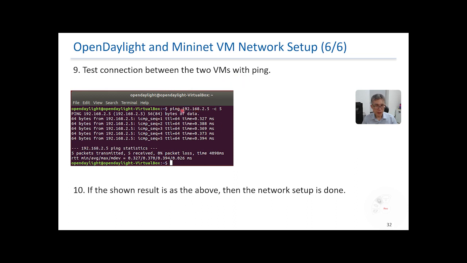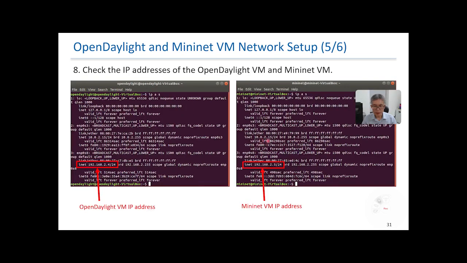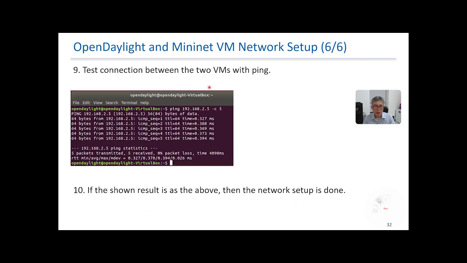So from the OpenDaylight virtual machine, execute this ping to the Mininet virtual machine at 2.5, and we can see the ping messages received successfully without any packet loss. If the result is as shown above, then the network setup is successfully done.